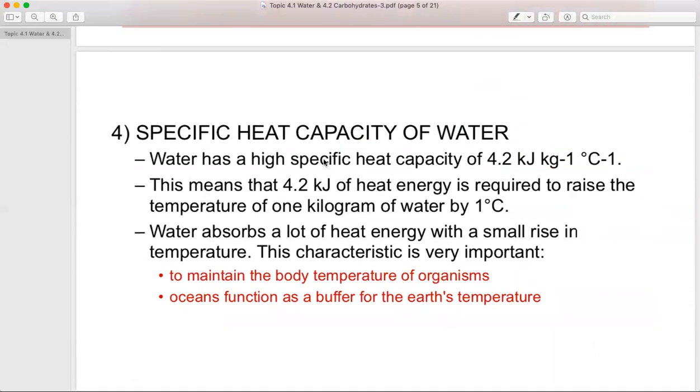Okay, next, pelajar kena tahu the term specific heat capacity of water. So water ni dia ada nilai specific heat capacity, which is unit ni. So pelajar kena tahulah.